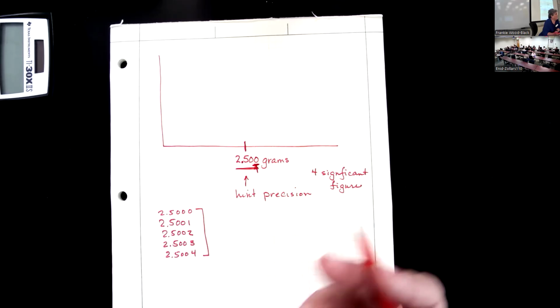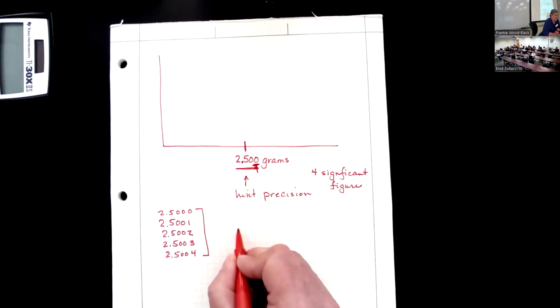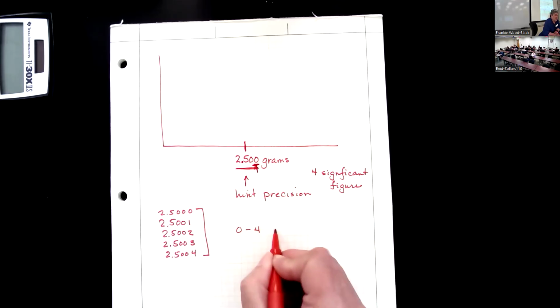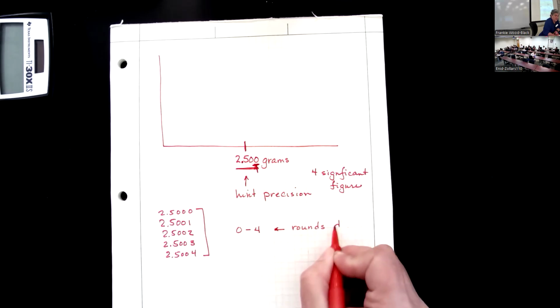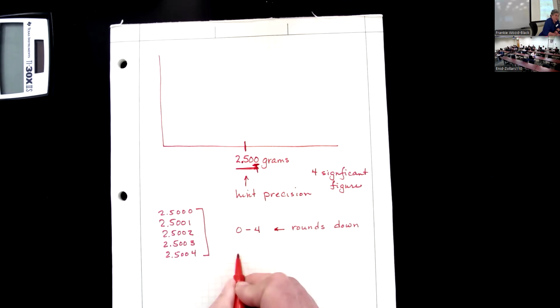We are going to use the rounding that 0 to 4 rounds down, 6 to 9 rounds up.